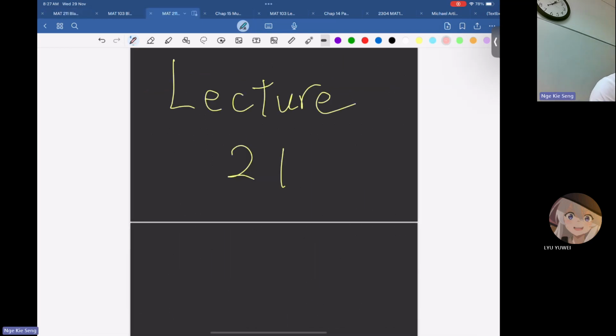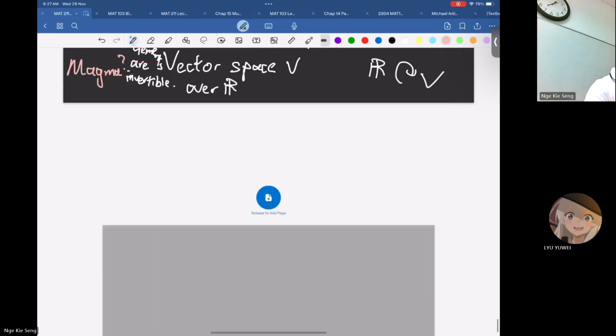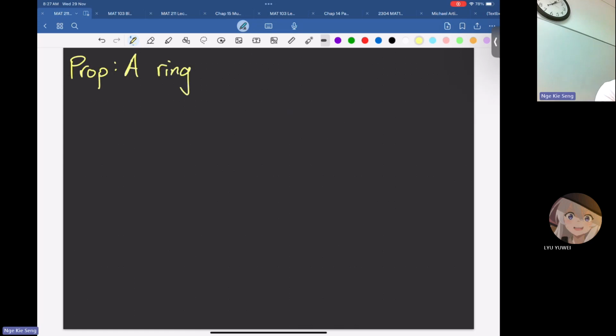So let's continue on. Okay, so I believe some of you who've taken the ALA have seen that your field cannot have 1 equal to 0. So let's see what happens if 1 equals 0.